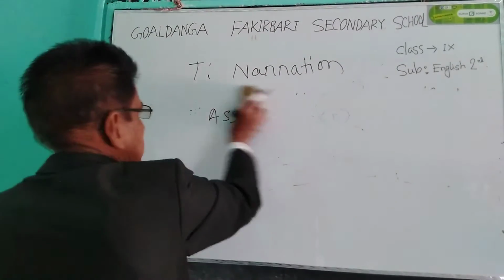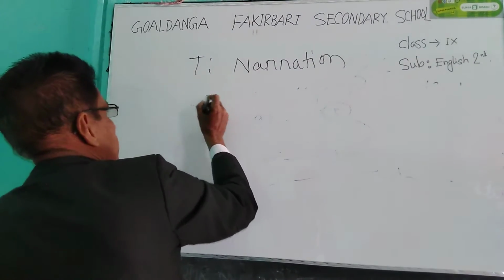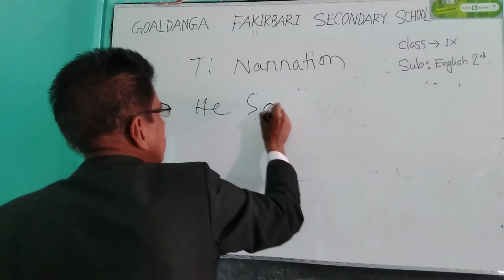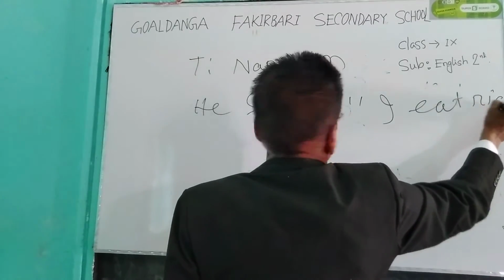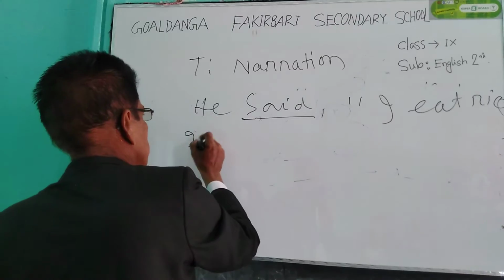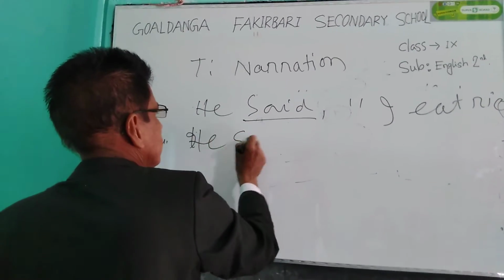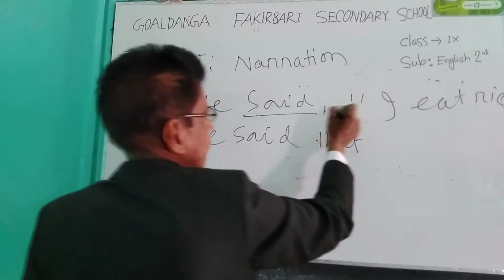Now I am giving an example here. Follow my class minutely. He said, "I eat rice." But I can write it in indirect narration: He said that he ate rice. That will be used instead of the comma and quotation.